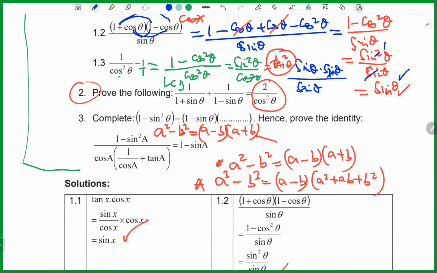Just kidding. But this one is called the difference because of the minus. It's called the difference of 2 squares. This one is called also a difference.